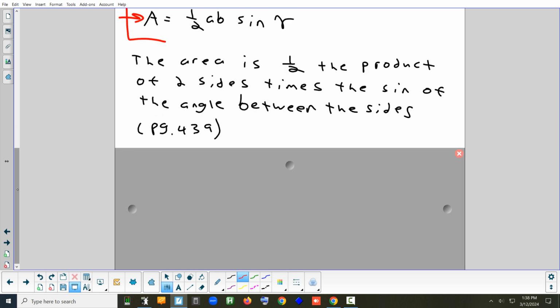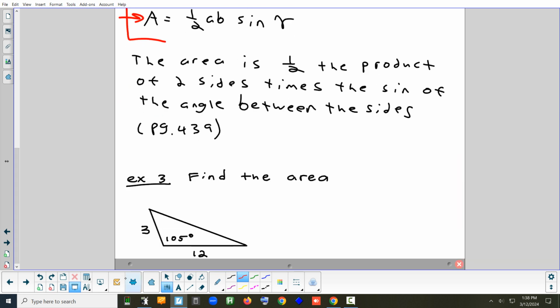Let's try. Now, you don't know which version of the formula you're really using because the sides aren't labeled A, B, and C. It doesn't matter. They don't have to be labeled. You're just going to find the area of that triangle using the concept right there.